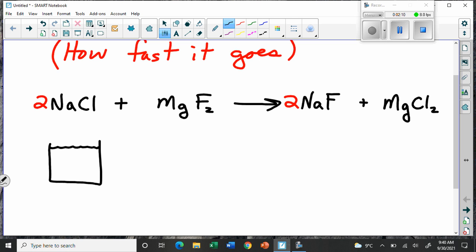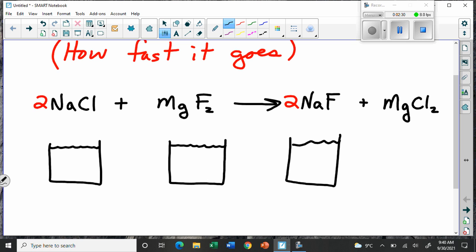Typically, when we do these reactions, water makes them incredibly more easy. And we're going to explain why that works in our next video. But for today, we're just going to sort of look at these cups of water. And we're going to imagine that all of this mixing and matching is happening inside the cups.